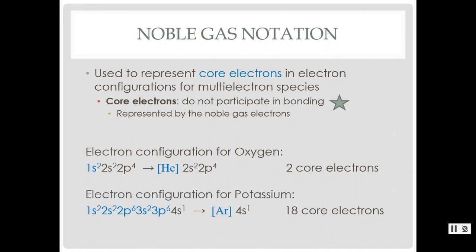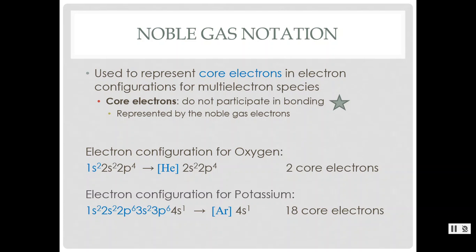The way that we do abbreviations for this noble gas notation, our abbreviation comes from representing core electrons. Specifically, we represent core electrons by writing the noble gas that represents those electrons.